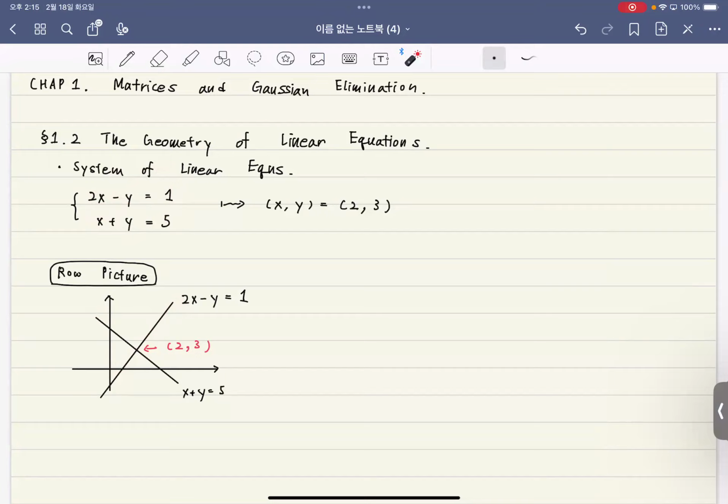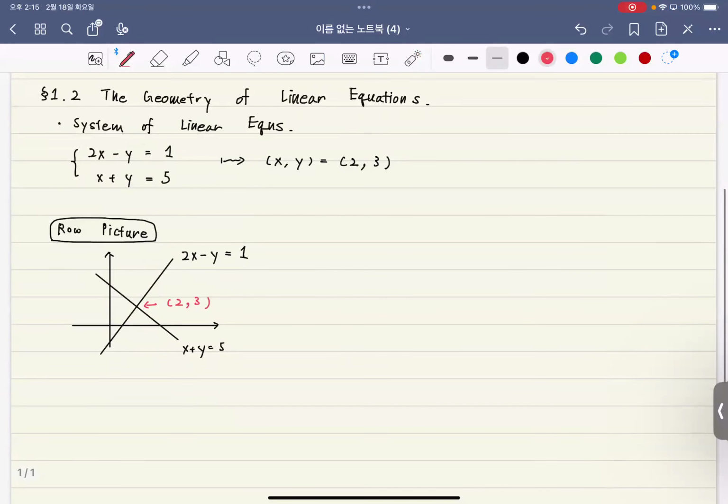Okay, good. So let me change my example to be a little more complicated.